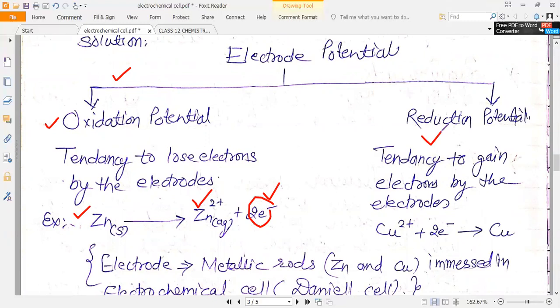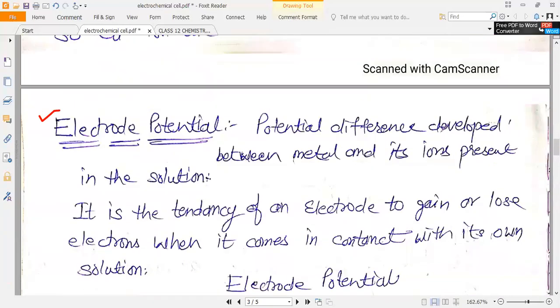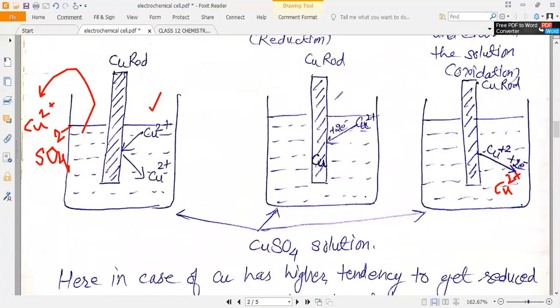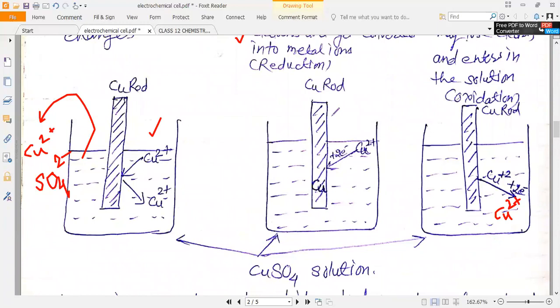As we discussed, the copper rod is electron rich, so the Cu2+ ions present in the solution have a tendency to receive two electrons from this copper rod and reduce themselves into copper atoms.